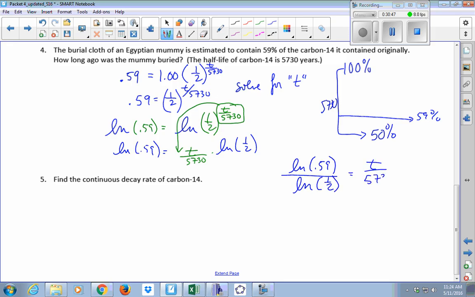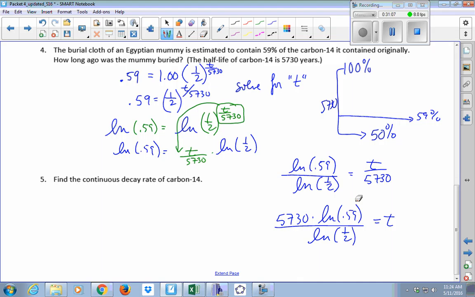And now you want to solve for t, so you're going to multiply both sides by 5730, which just multiplies the natural log of 0.59 over the natural log of 1/2. And that's t.